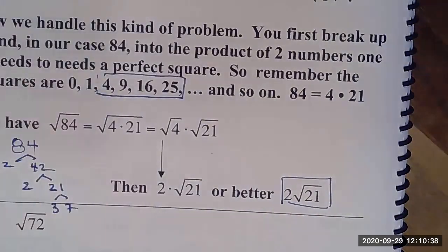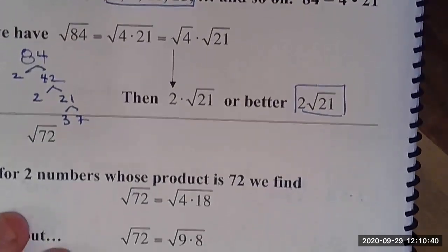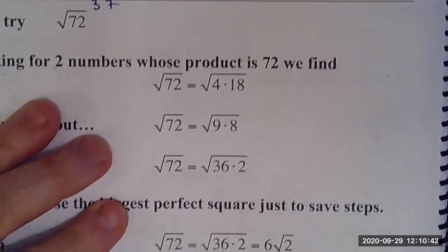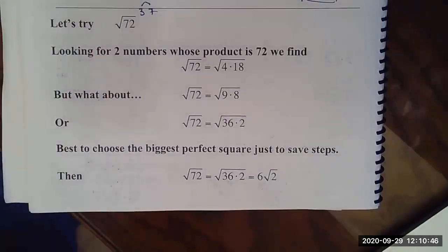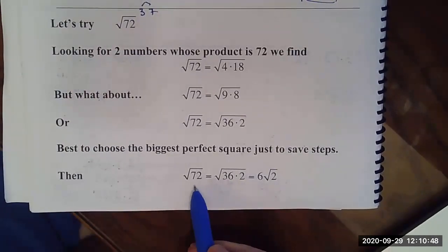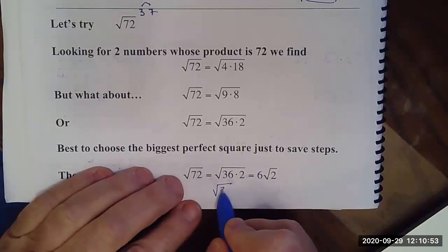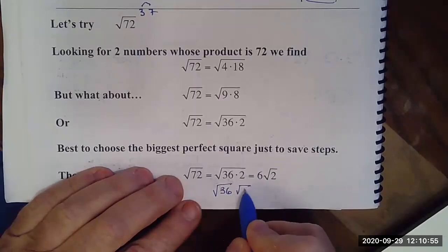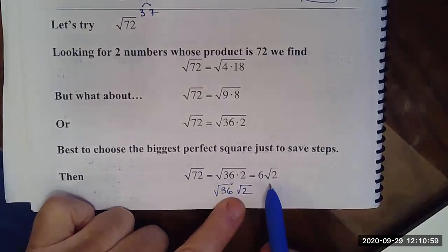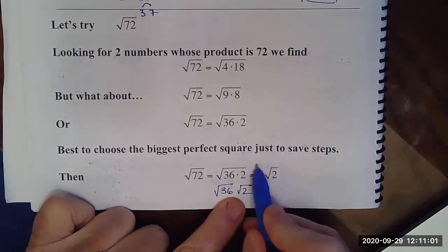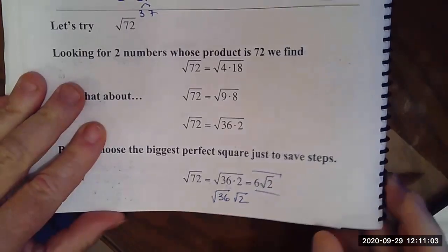So if you can find the biggest perfect square, it just takes less time to simplify your answer. So at the end of this, you'd say square root of 72 is the same thing as the square root of 36 times the square root of 2. Square root of 36 is 6, and you leave the square root of 2. And this is your final result.